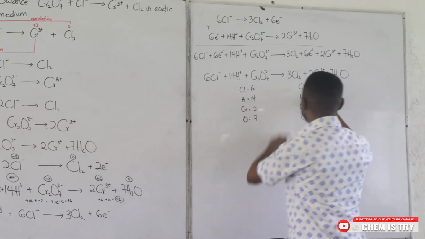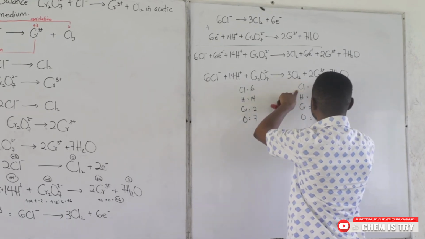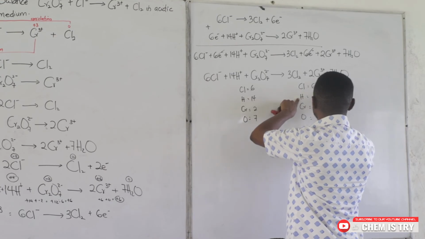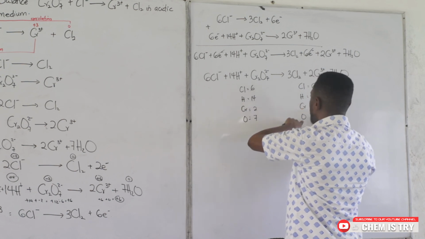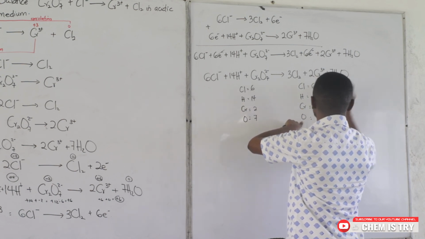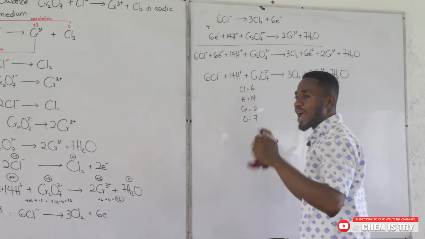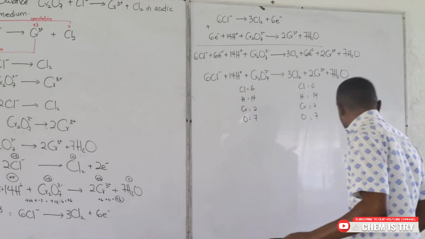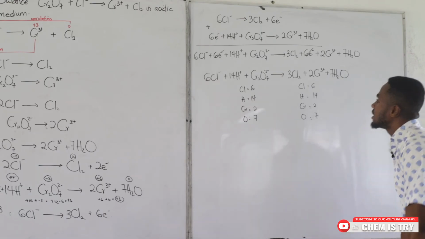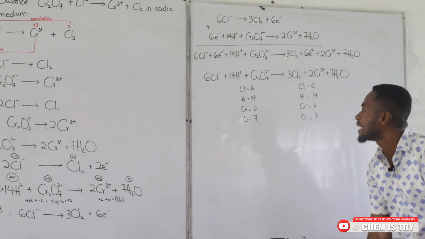On the product side, Cl is 3 times 2, which is 6. Hydrogen is 7 times 2, 14. Cr is 2. Then oxygen is 7 times 1, which is 7. So the atoms are balanced. Now, let's check the charges and see if the charges are also balanced.